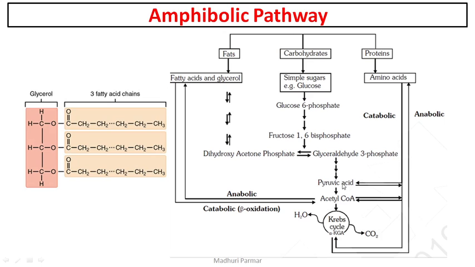Clear? Some of the amino acids get converted into acetyl-CoA. Fine? And some amino acids get converted into alpha ketoglutarate. Now this we have studied in the last class, if you remember the malate aspartate shuttle. Then glutamate is nothing but an amino acid, an acidic amino acid, right?